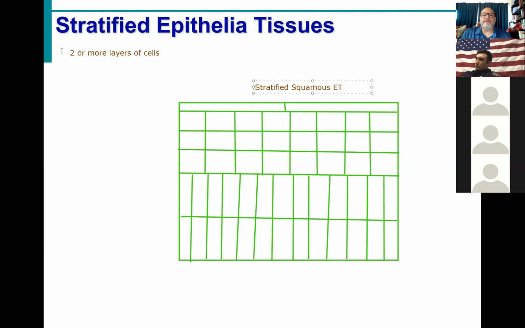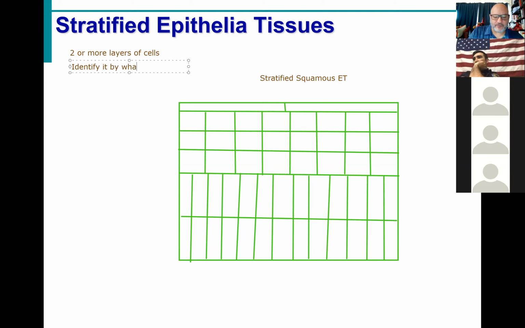Because our rule for identifying stratified tissues is, A, that it is two or more cell layers, and B, the second rule, we identify it by whatever cell type is on top.